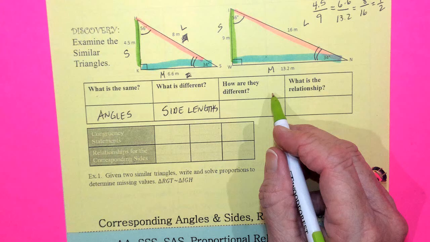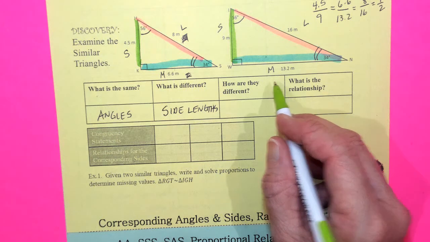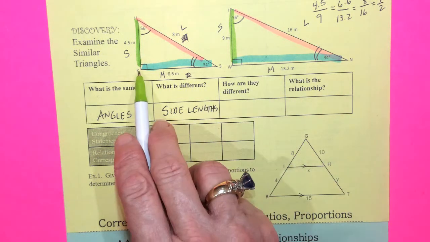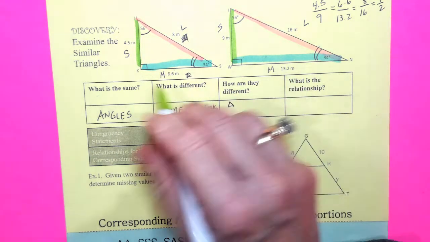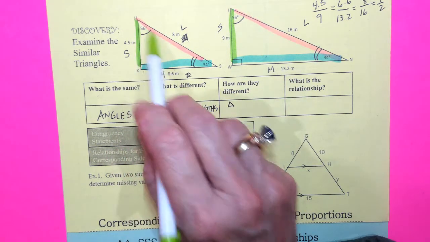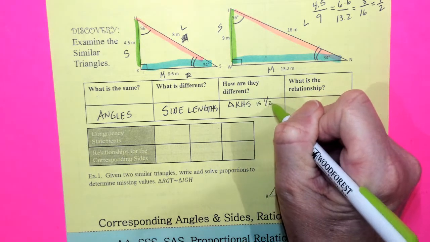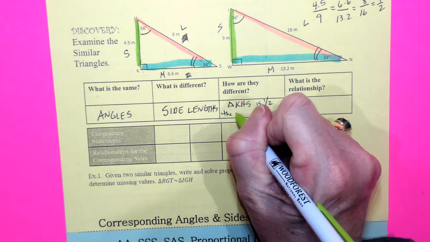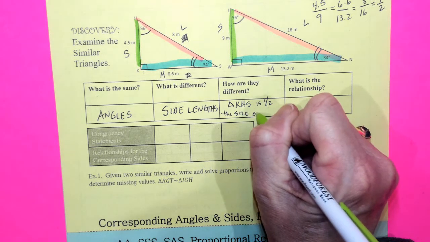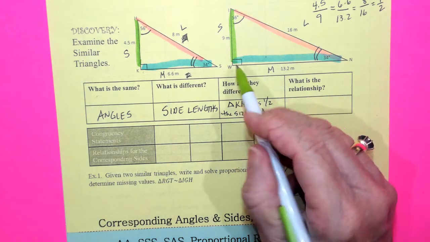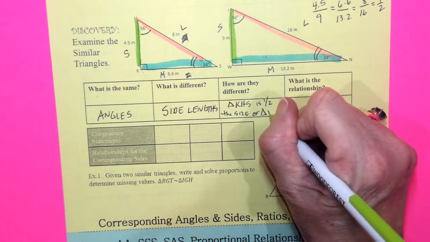How are they different? So in this one, triangle KHS is 1/2 the size of triangle WIN.